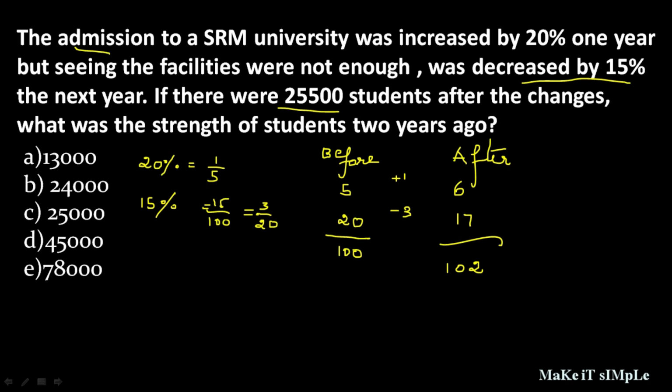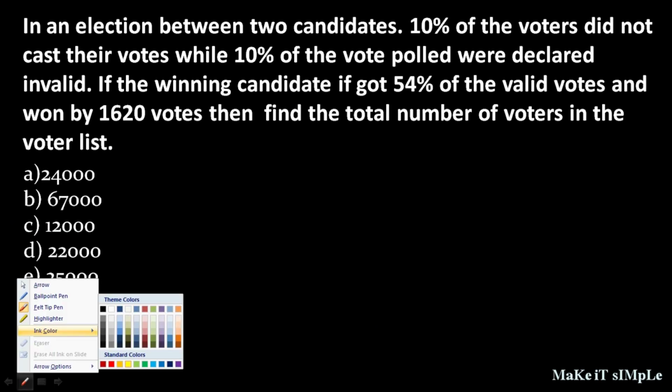The actual value they have given is 25,500 after the changes. So 102 units is 25,500. How much is 1 unit? We will be getting 250. What you have to find is the strength of the students 2 years ago, that is 100 units, that is 25,000.